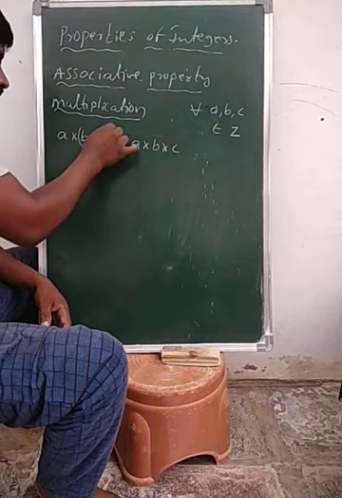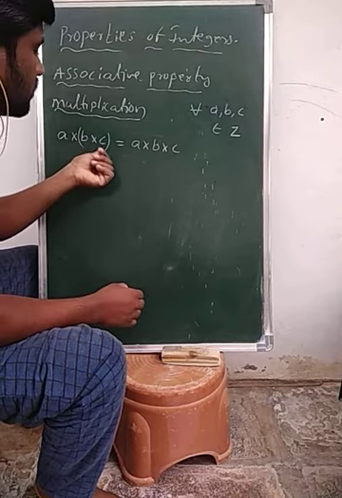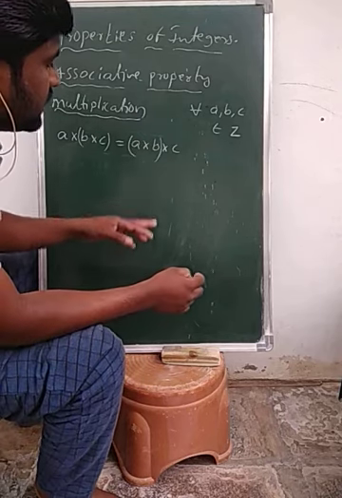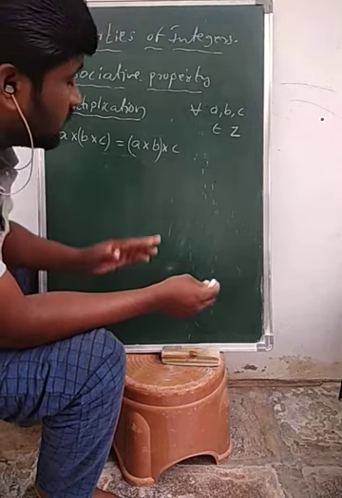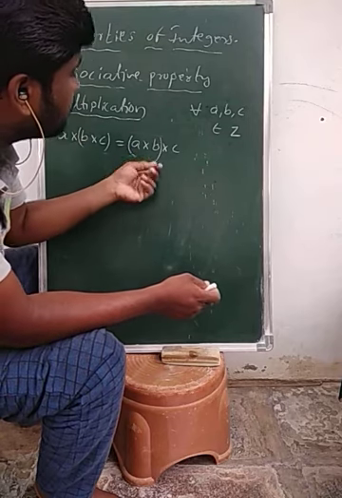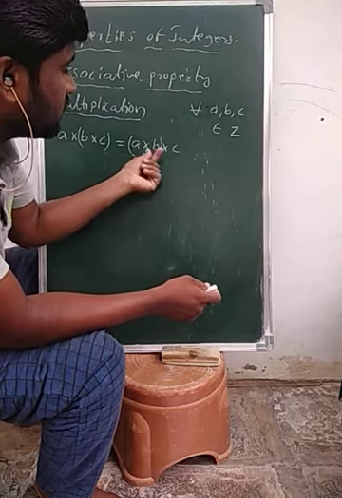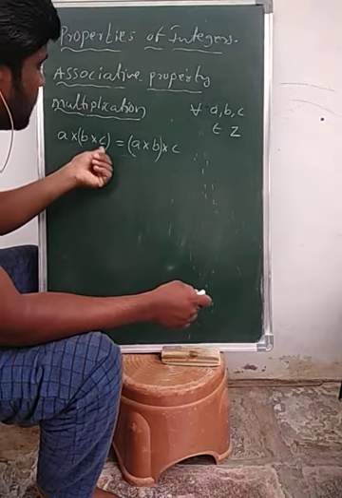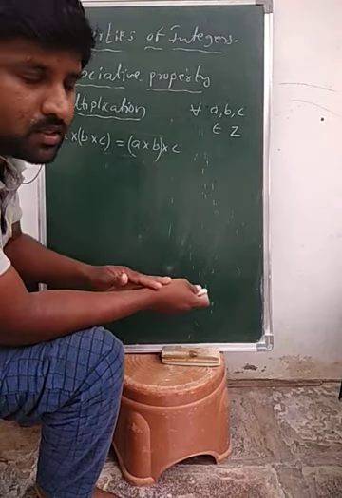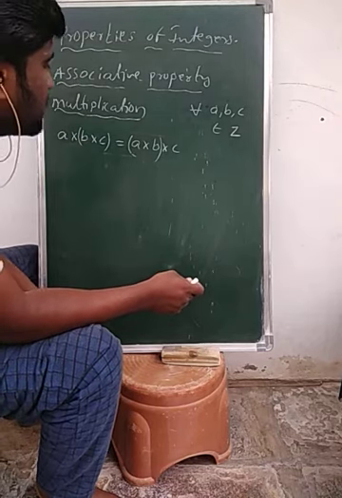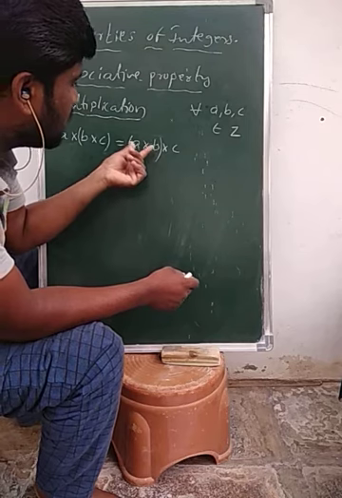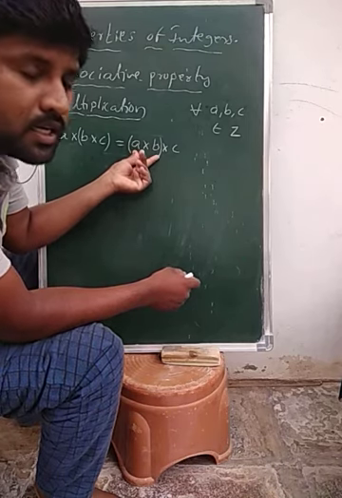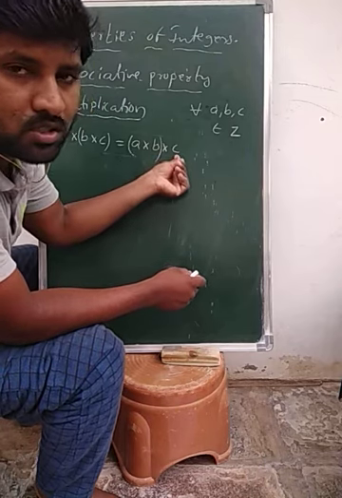In the LHS part, you first multiply the second and third integer, then their product with the first integer. In the RHS part, first multiply the first and second integer, and then the product of the first two integers is again multiplied into the third integer.